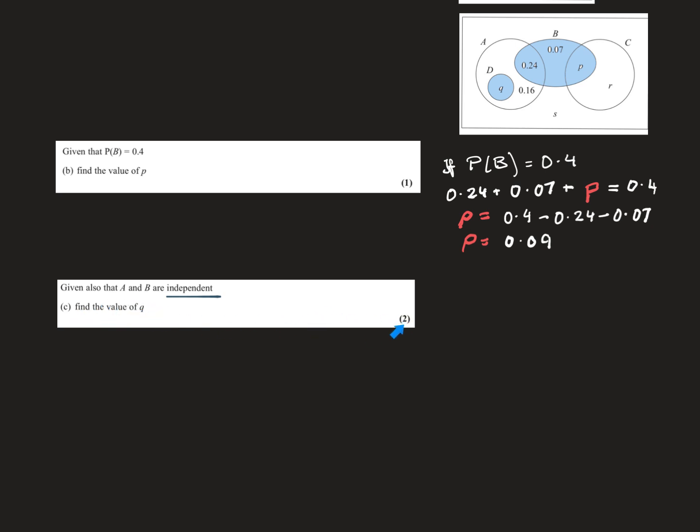So to get the 2 marks, you need to show the rule for events A and B to be independent.